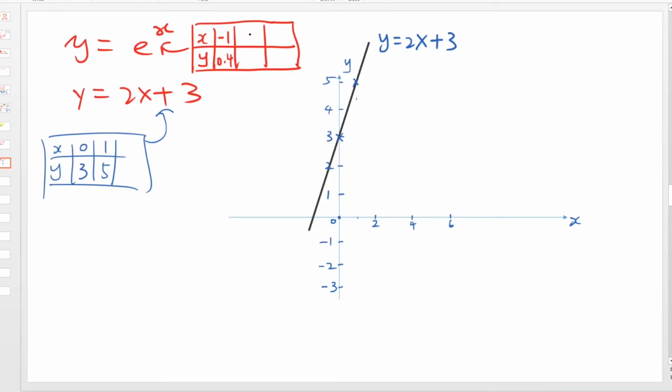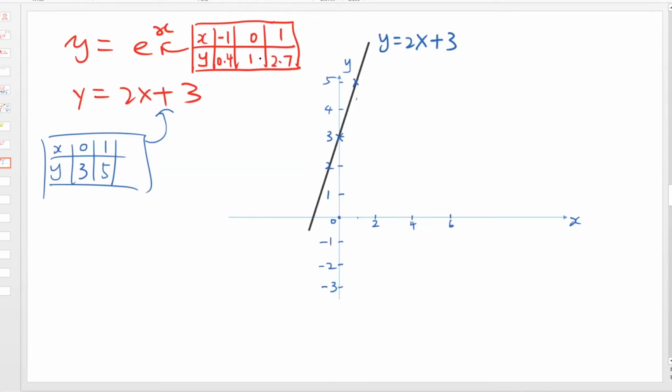And then when x equals 0, this is 1. When x equals 1, it is 2 point something, right? Can you help me out? e to the power 1. 2.72. Okay, 2.7.